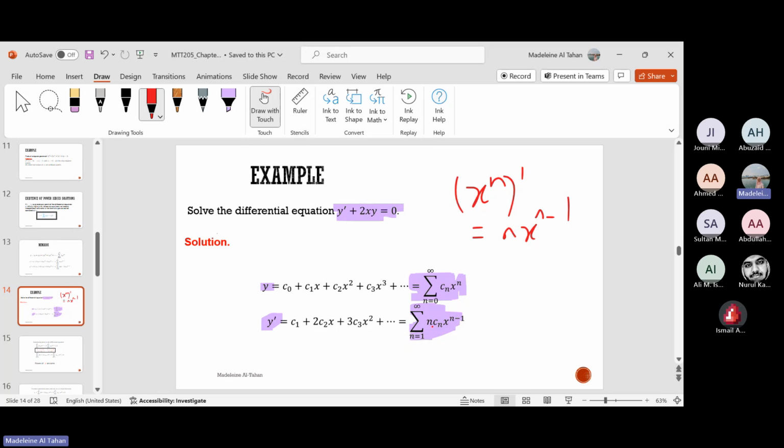Substitute in the differential equation. So instead of y prime, we need to put its value, and instead of y, we need to put its value.